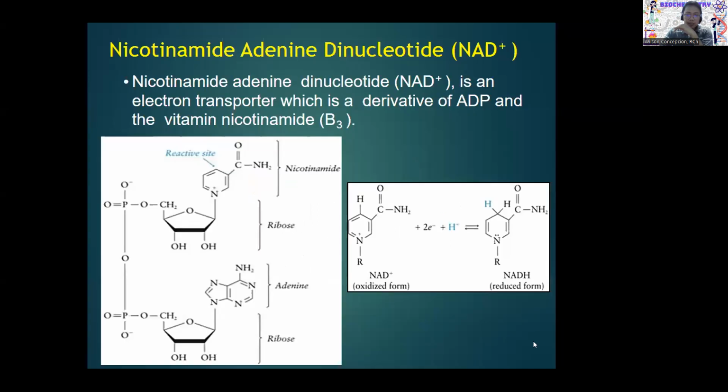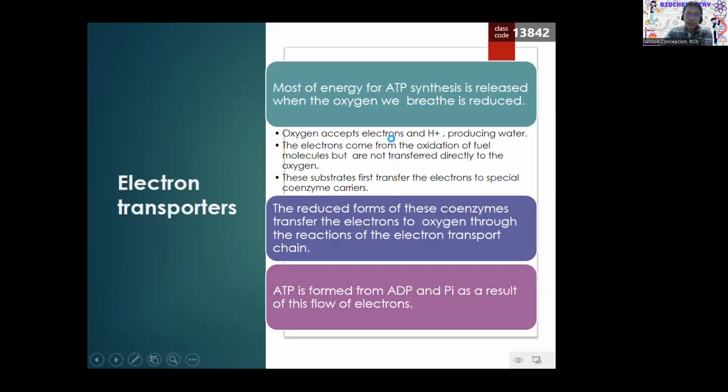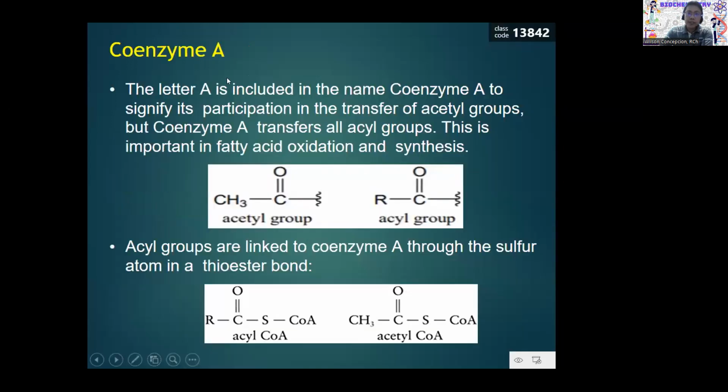Due to our laboratory. So there are different electron transporters in our body. There are different compounds. So last week, di ba, diniscuss natin that our coenzyme A contains, anong vitamin? What vitamin is present in coenzyme A?